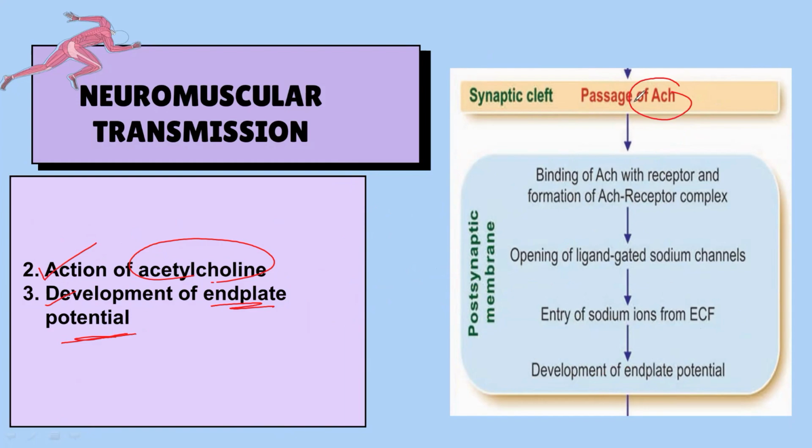So there is an influx of calcium, and this calcium binds with the synaptic vesicles, and it is responsible for the release of acetylcholine from these synaptic vesicles to the synaptic cleft, and this acetylcholine finally reaches the post synaptic membrane and binds with the receptors and forms acetylcholine receptor complex.